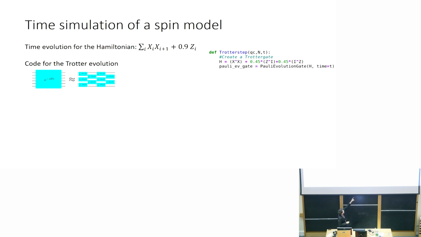Already here, you see that I create a Pauli evolution gate by calling another command. Two or three years ago, I had to code it up myself, and it was a bit more complex. What I think also with quantum error correction is that it will go down either to the compiler or even lower to the hardware level. To what level, I do not know exactly.